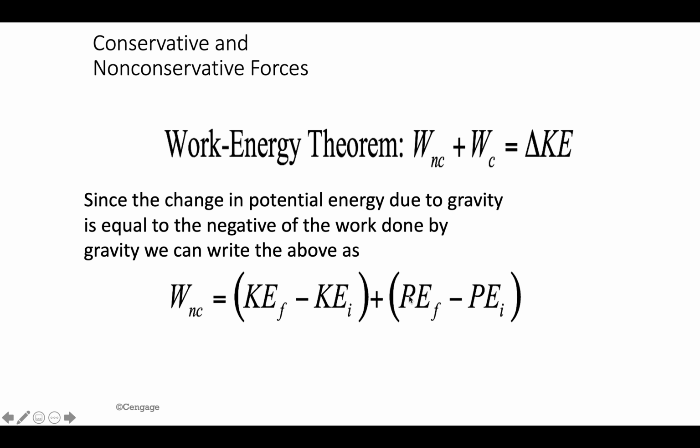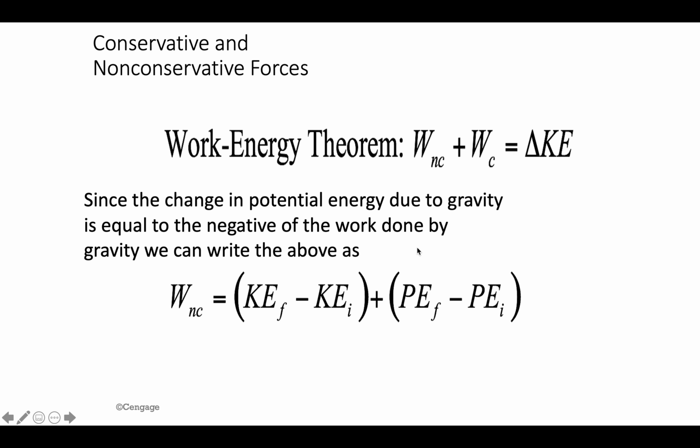So in that example, the work I'm doing is going into those two things, rather than if it was a flat surface, it would all just be going to this one thing. And really all I'm saying is that gravity is also doing work at the same time. And so if I bring this over here and make it the negative sign, then it's really still just the total work done equals the change in kinetic energy.